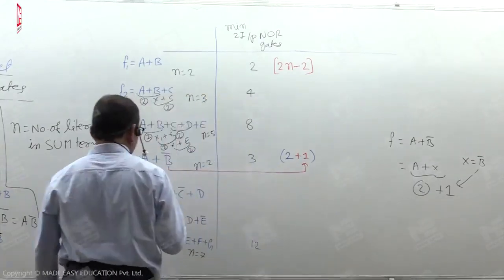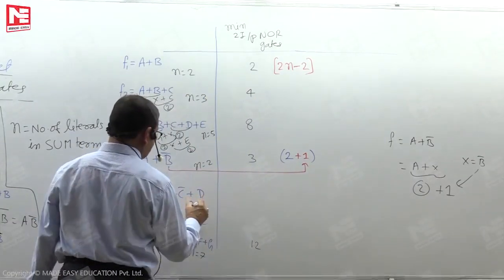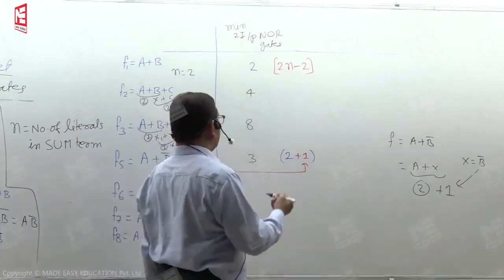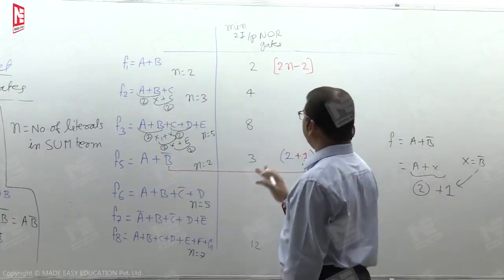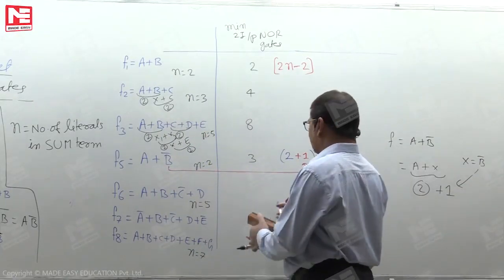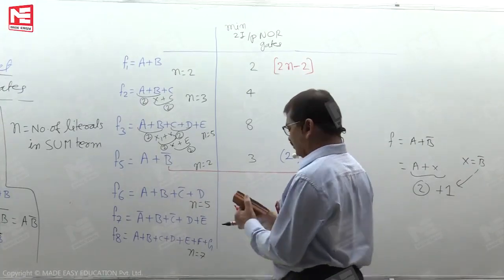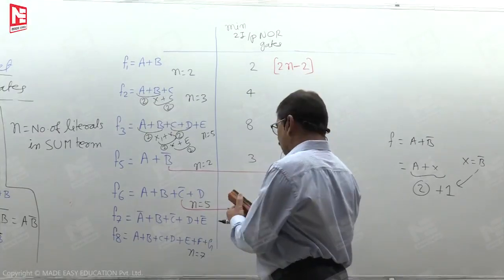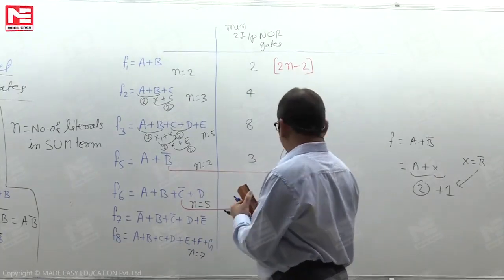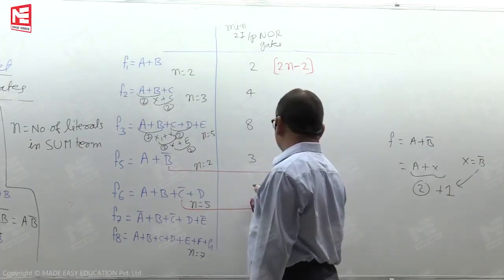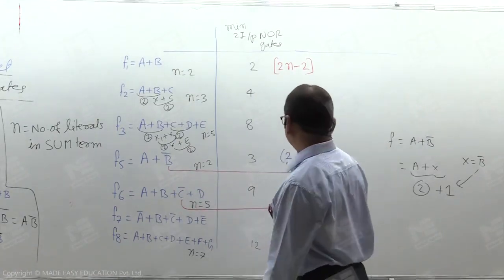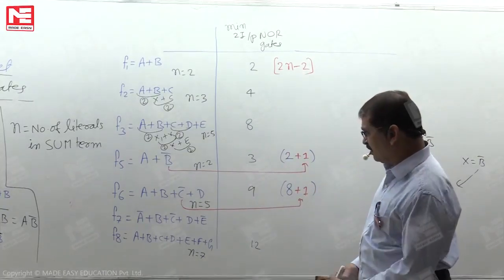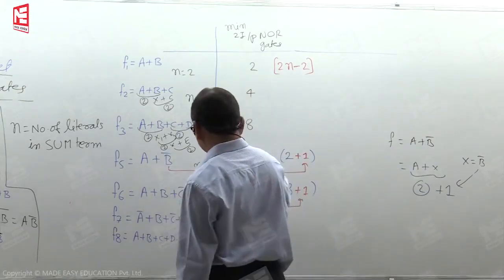Similarly, if you look at F6, n is here 5. So 2n is 10, 10 minus 2, 8, plus 1 because of the complement. Sorry, n is not 5, very sorry, it is 4.